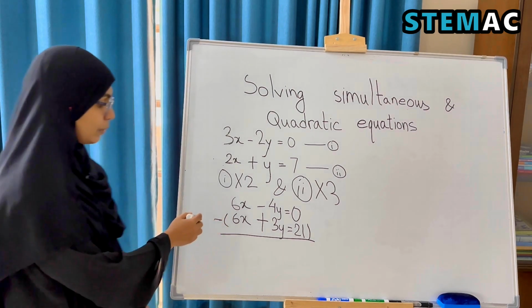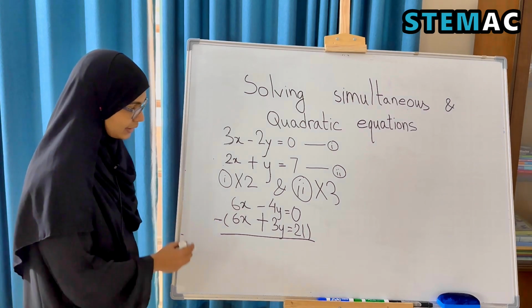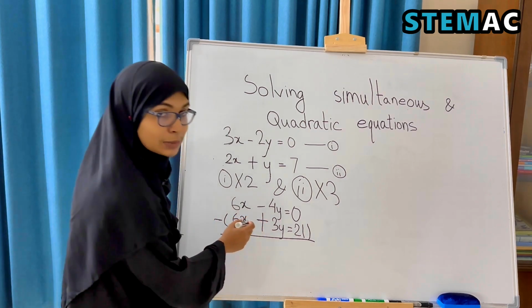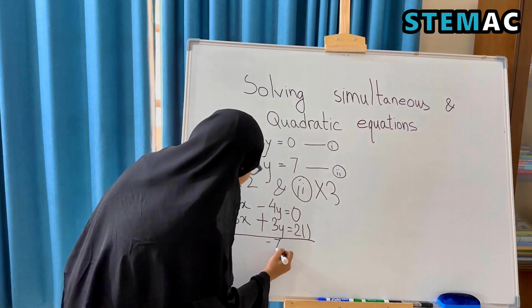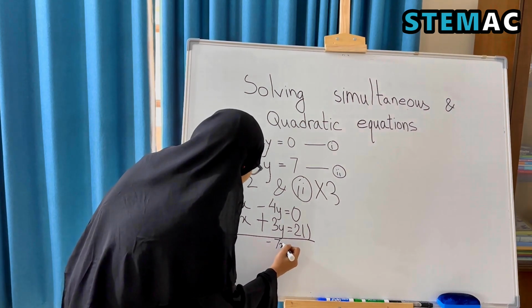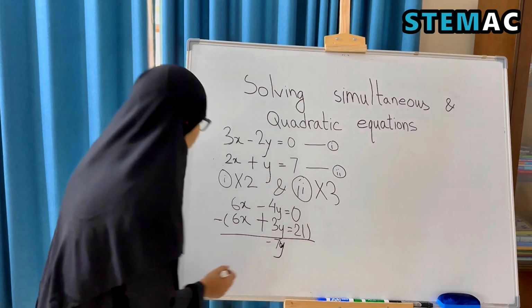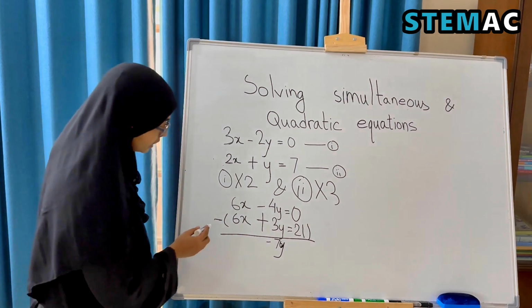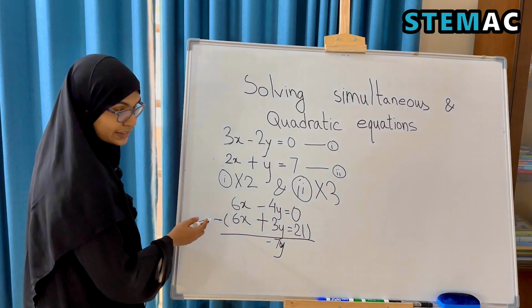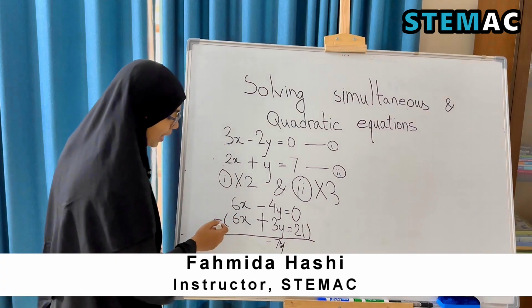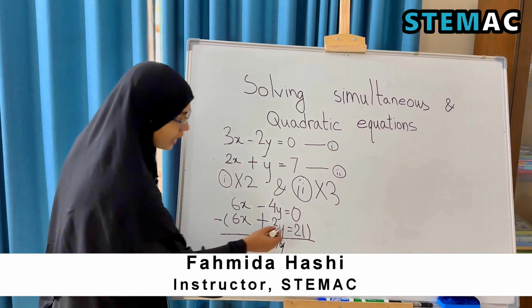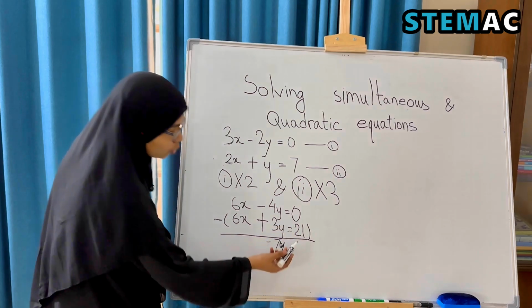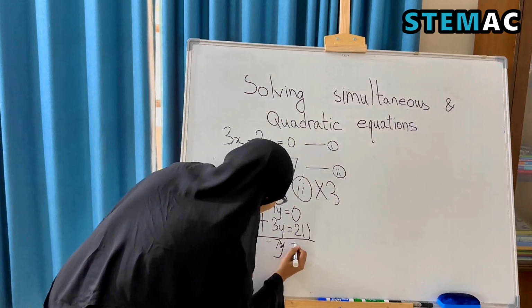So we are eliminating the variable x. Minus 4y minus 3y equals minus 7y. It's important to look at the sign in front. If we multiply minus with plus, we get minus. So minus 7y, and here is 0 minus 21, minus 21.